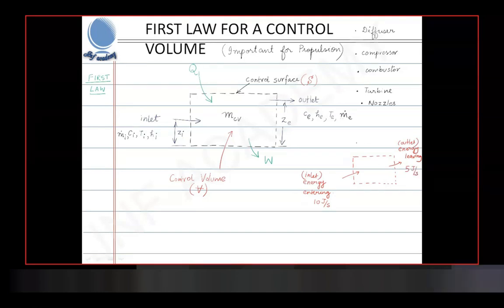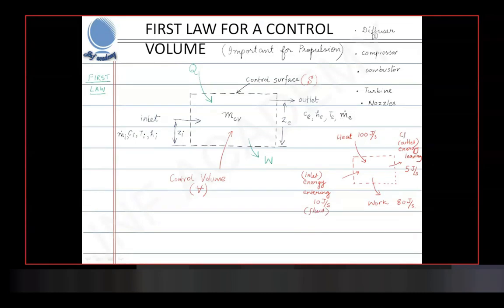And the system is given a heat transfer rate of, let's say, 100 joule per second. And the system is doing work at a rate of 80 joule per second. Okay. Let's say these are the energy transfers given to you. Now, this 10 joule per second is carried by the fluid at the inlet. Please don't confuse it.